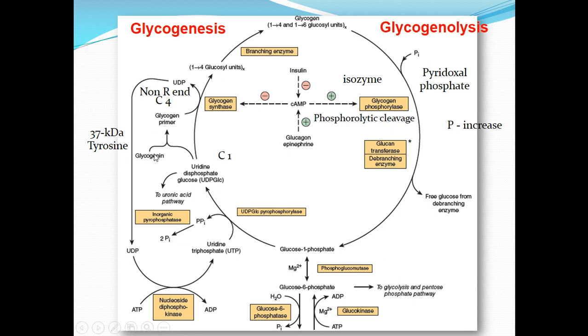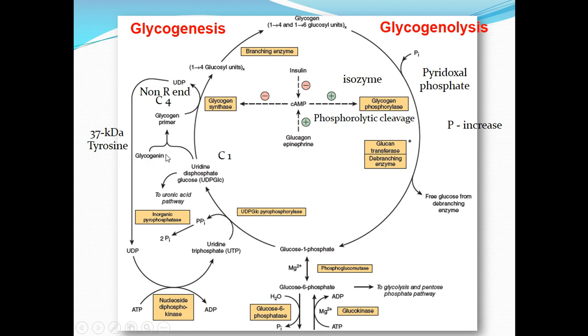Then this glycogenin molecule itself catalyzes the transfer of a further 7 glucose residues from UDP glucose in 1,4-glycosidic linkage to form the glycogen primer. That is the substrate for glycogen synthase.